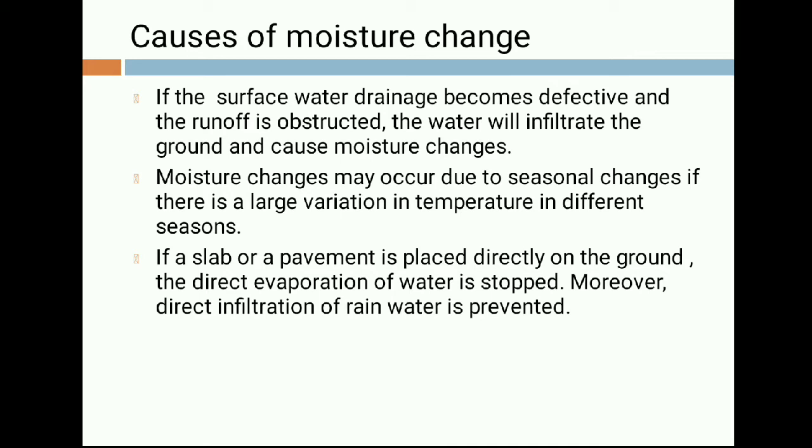Moisture changes may occur due to seasonal changes if there is a large variation in temperature in different seasons. Some parts of the countries experience such kind of seasonal changes very abruptly. If a slab or a pavement is placed directly on the ground, the direct evaporation of water is stopped. Moreover, direct infiltration of rainwater is prevented.